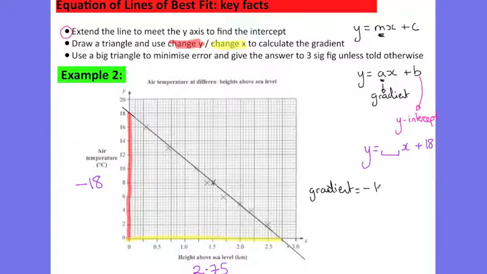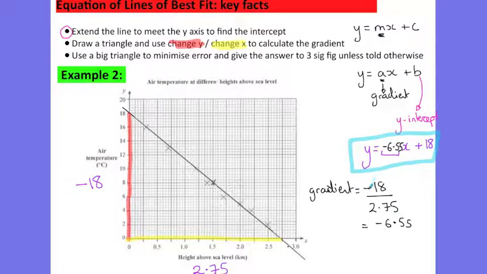We will take negative 18 divided by 2.75. Giving that answer to three significant figures is negative 6.55. Inserting in here the coefficient, the number in front of the x, 6.55. This now is the equation of our line of best fit. A is minus 6.55, B is 18.